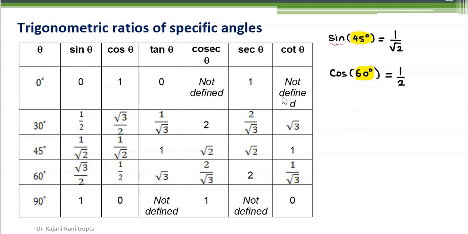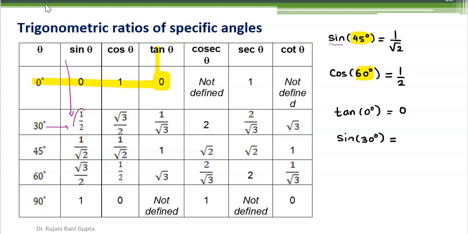Similarly, you can find other trigonometric ratios. For instance, if we ask what is tan of 0 degree? 0 from here and tan from here. So the value is 0. Say sine 30 degree. 30 degree from here, sine from here. That gives you the value 1 over 2.